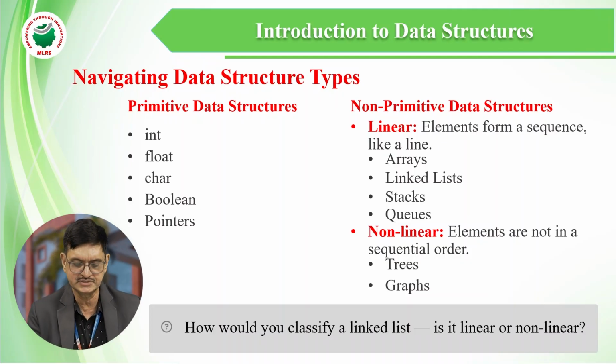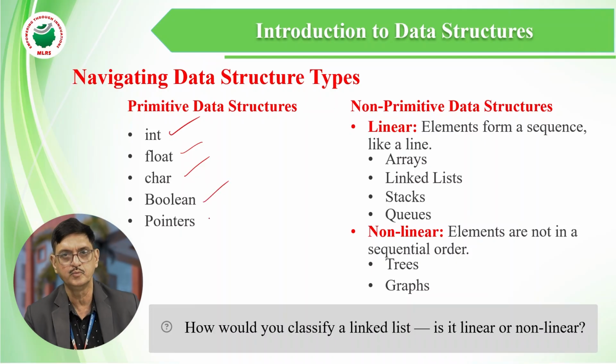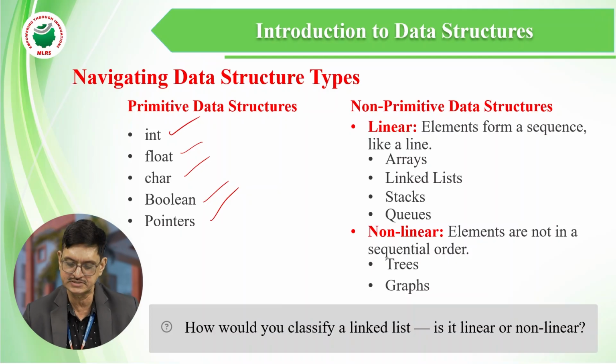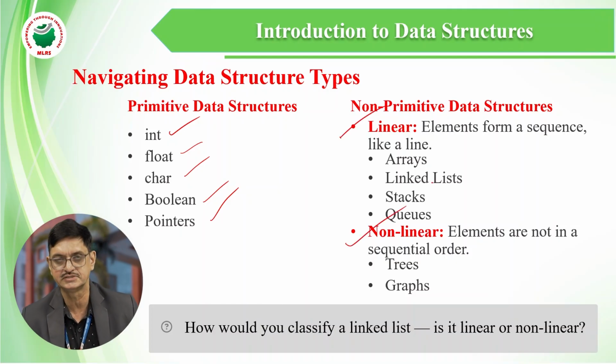What is the meaning of primitive data structures? The primitive data structures contain int, float, character, boolean, and pointers, whereas non-primitive data structures can be classified as linear data structures and nonlinear data structures.